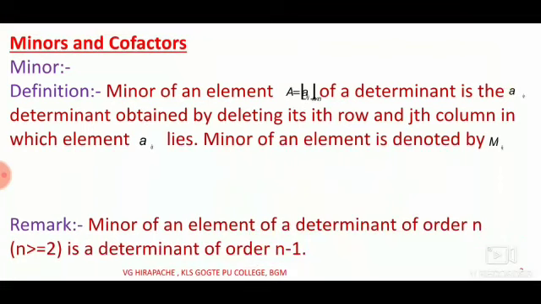You can remember, the minor of an element of a determinant of order n, where n is greater than or equal to 2, is a determinant of order n minus 1. Suppose a matrix is of order 2 cross 2, then the minor of that determinant is of order n minus 1.